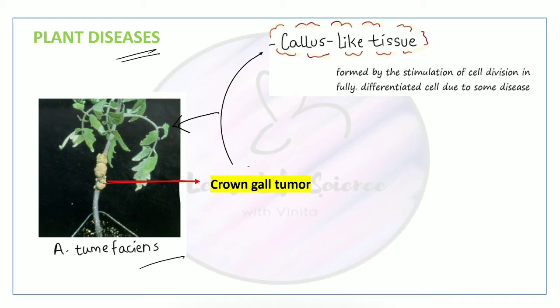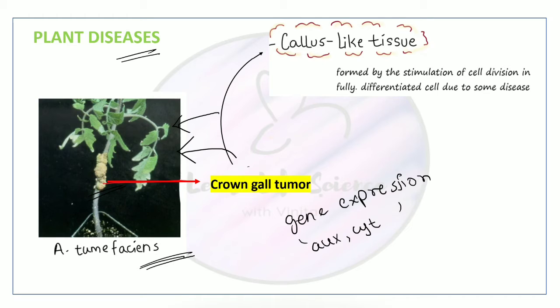Within the host plant, what happens? At the site of entry, the Agrobacterium tumefaciens genes express themselves. There is gene expression, and the genes involved in this infection include certain genes involved in cell division, for example auxin and cytokinin, right?